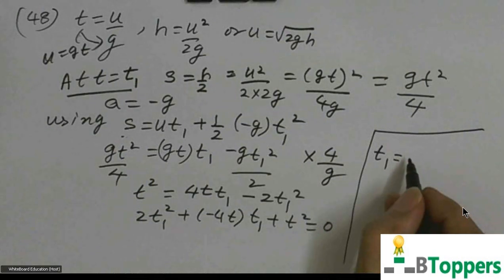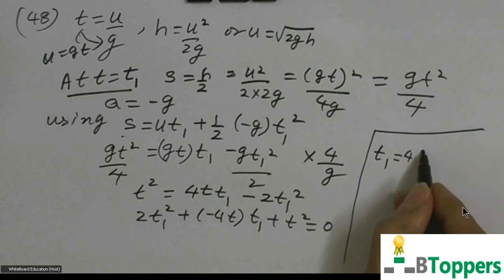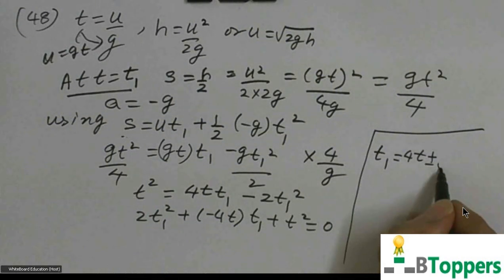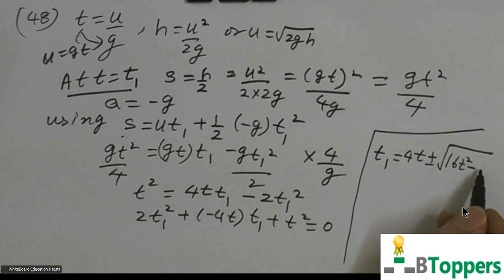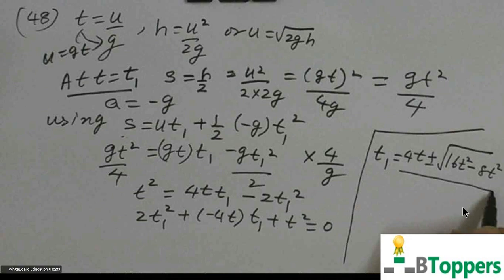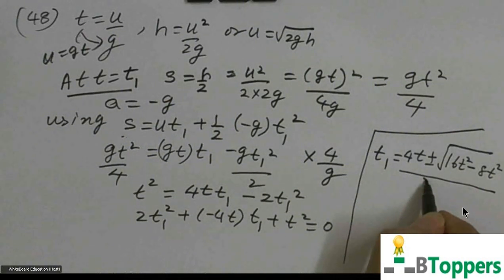t1 equal to, using the solution of the quadratic equation, x equal to minus b plus or minus under root of b square minus 4ac by 2a. You get 4t plus or minus under root of b square, that means 16t square, minus 4ac, 4 into 2 into t square, that is minus 8t square, by 2a, means 4.